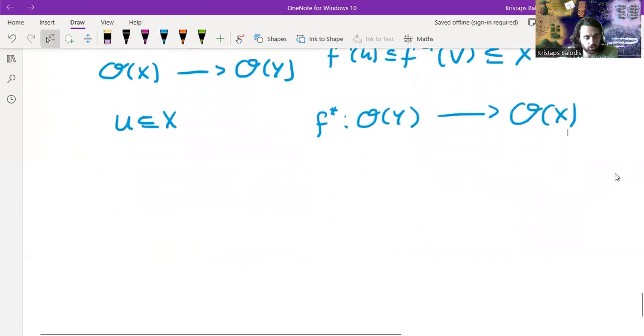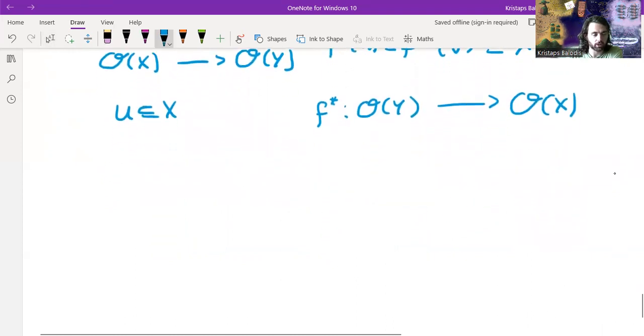So let me give you now the uber abstract definition of a presheaf. A presheaf, in general, well, hang on a second. Before I go uber abstract, let me say this.